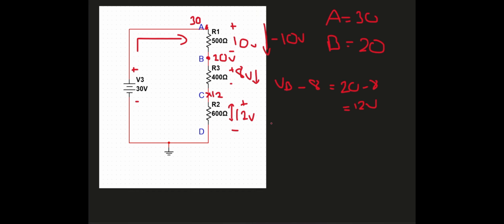Now, 12 take away 12 will give us 0, and the reason D is 0 is because at this point it's going to ground, so there's no voltage at this point. If there's no obstructions, no resistors, no nothing, it goes to ground and the voltage at point D would be 0.